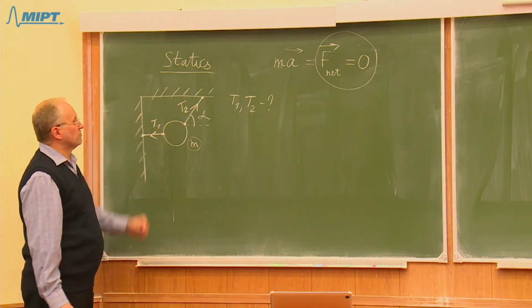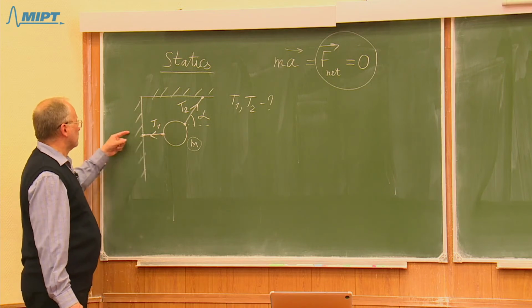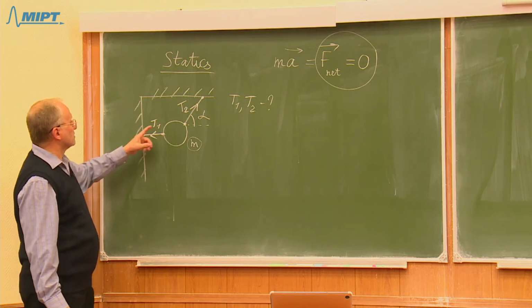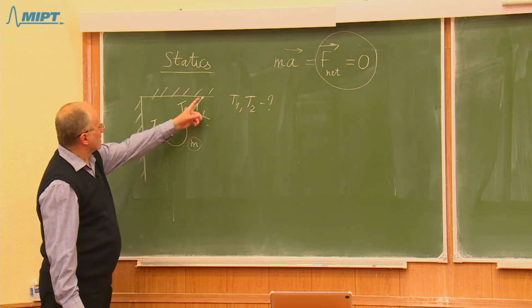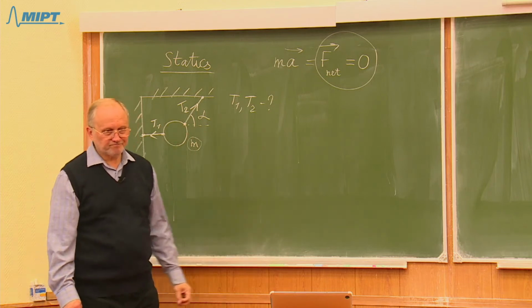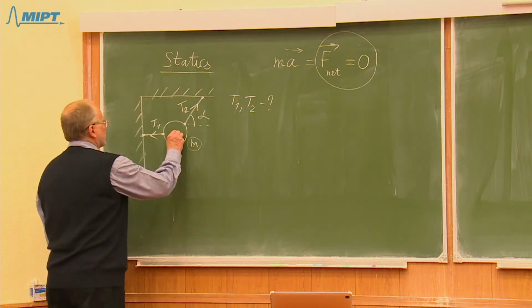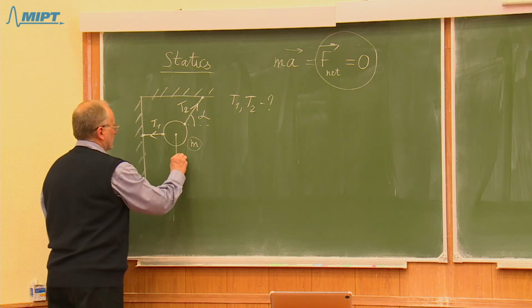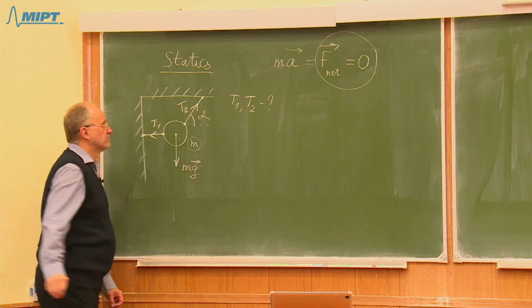The direction of the forces is given by the direction of the strings: the first string is horizontal and the second string is directed at angle alpha to the horizontal. Certainly there is another force acting on this ball, that is the gravity pull directed downward.